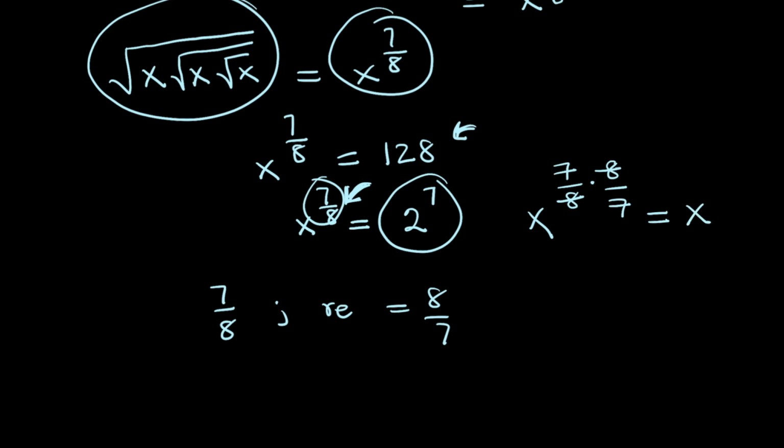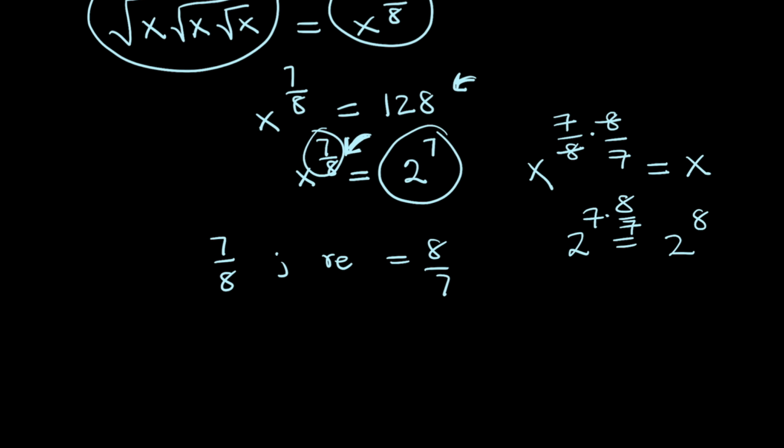We have x. If we do that to the right hand side as well, 2 raised to power 7 is equal to, we are multiplying that by 8 over 7. This gives us 2 raised to power, this cancels this, we have 2 raised to power 8.